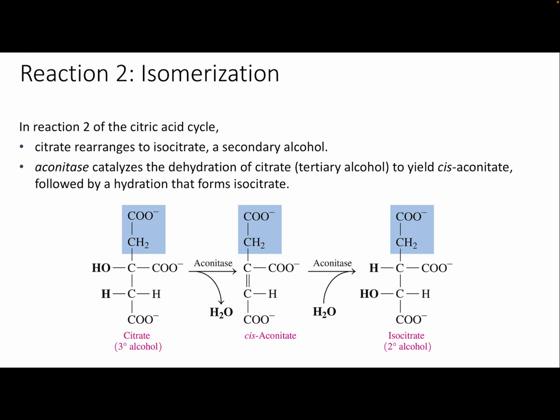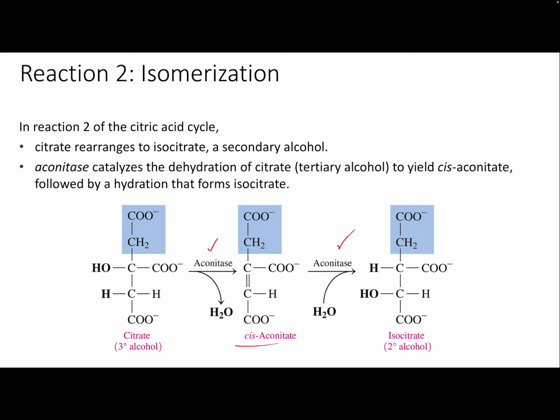So in reaction 2, citrate rearranges into isocitrate. That involves the enzyme aconitase. Aconitase also catalyzes the dehydration of citrate to yield cis-aconitate, followed by hydration. So in a 2-step process here, citrate essentially gets rearranged into isocitrate.